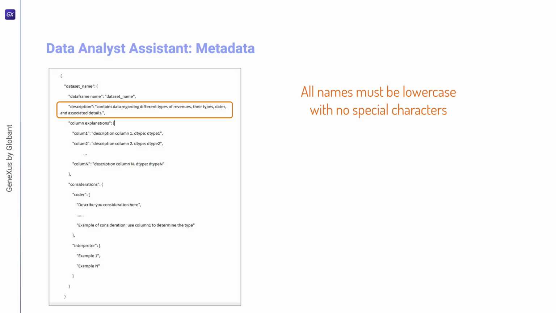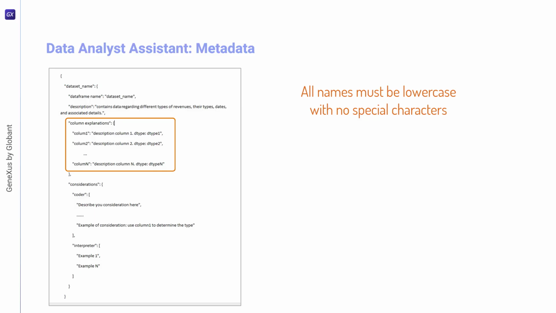The description must provide a description of the dataset, including the data types of its columns and possible values. The column explanations must include a description of each column in the dataset, specifying its purpose and the type of data it contains.